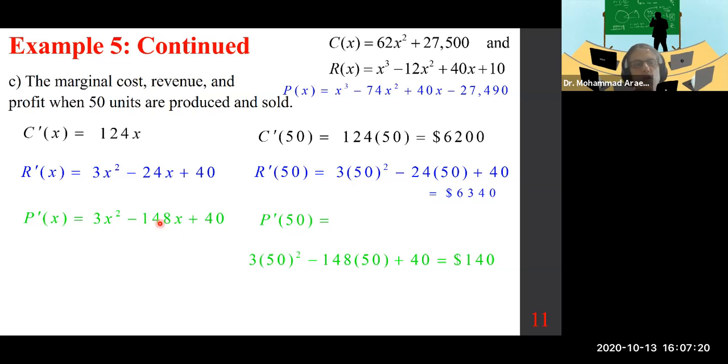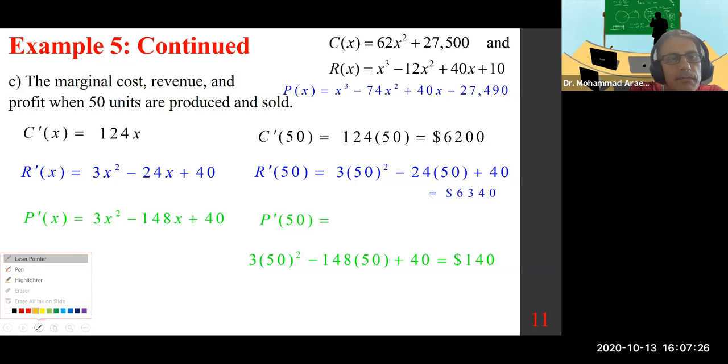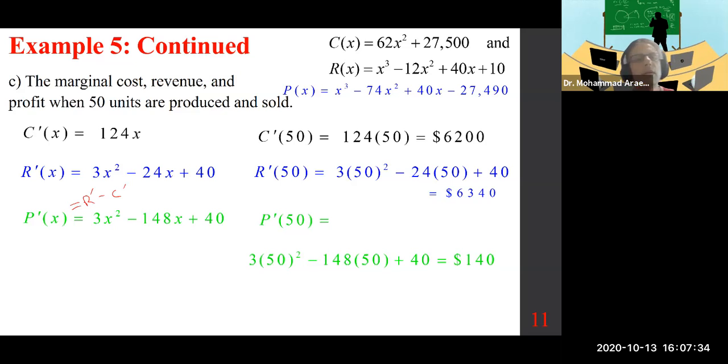What would be the short way? Class, P prime is R prime minus C prime. So all you have to do is subtract 124x from 3x squared minus 24x plus 40, and you get that one. That's another.